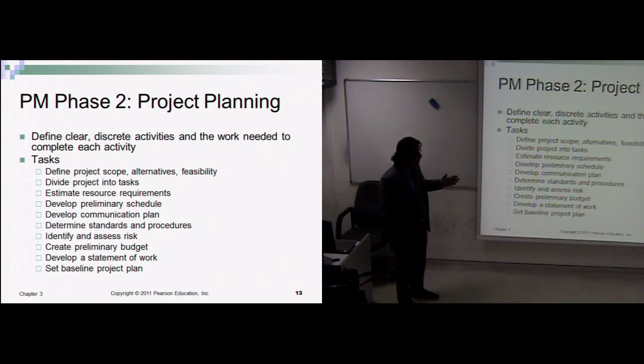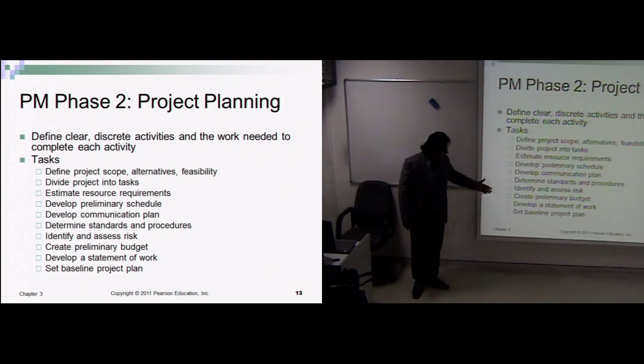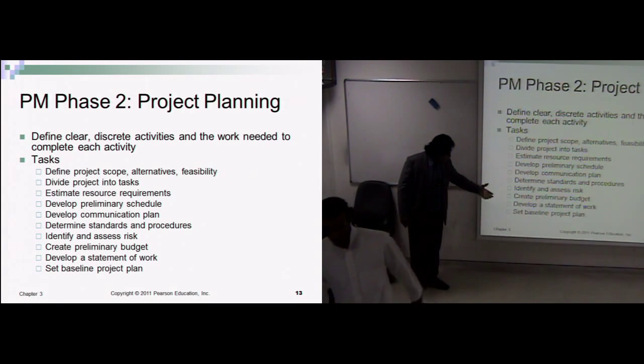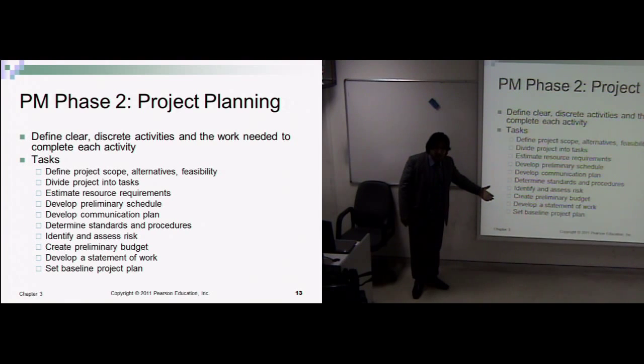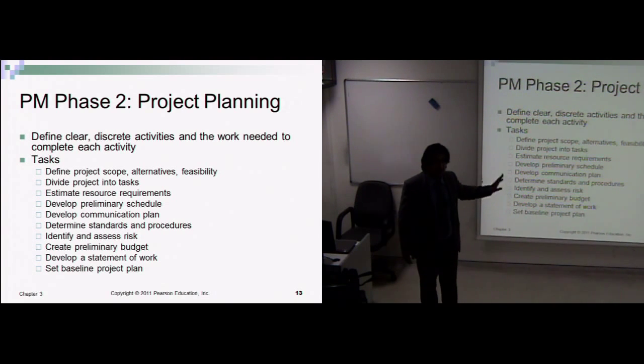They need to determine standards and procedures. They need to identify risk. They need to create a preliminary budget. They need to develop a statement of work. They need to set a baseline project plan. Statement of work and baseline project plan are coming next, so I will discuss them there.